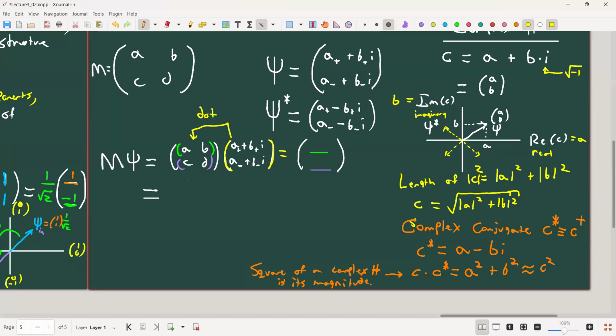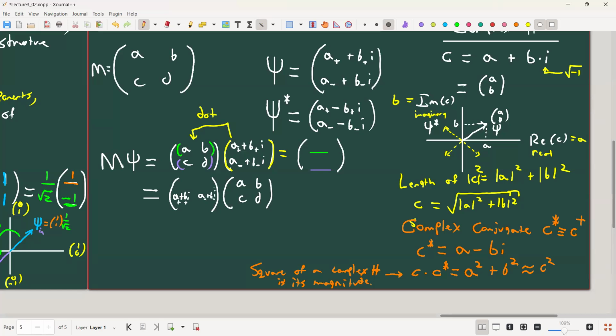This is the same thing if I write the matrix on the right, and then I write the vector as a row vector instead of a column vector. So it would be a plus b i and a plus minus i, like that.